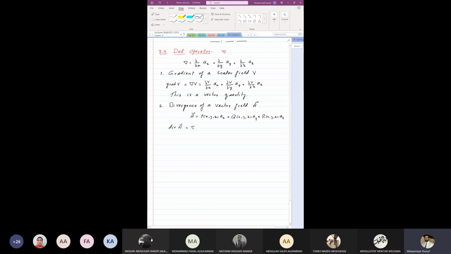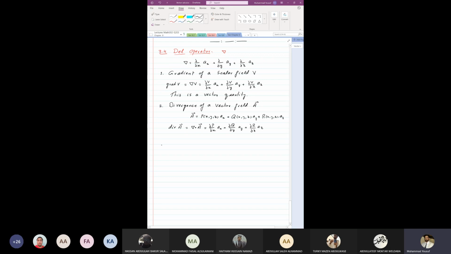It is defined as del dot A. You take the dot product of the del operator with vector A. So you will get partial P over partial x, plus partial Q over partial y, plus partial R over partial z. This is how we compute the divergence.